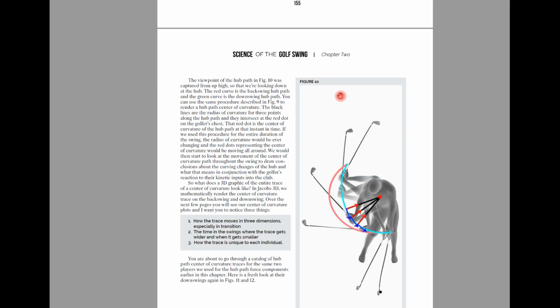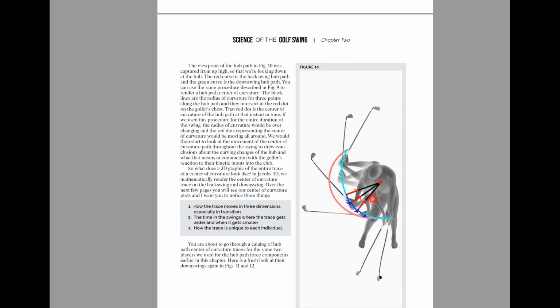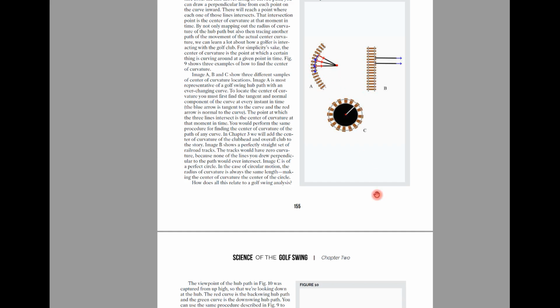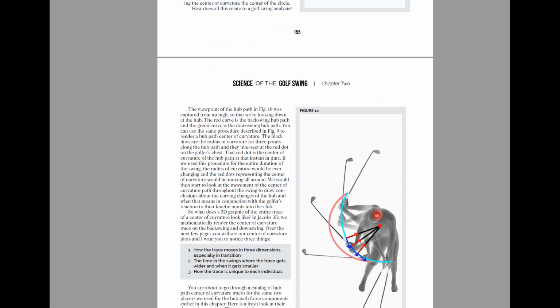In the full textbook, Science of the Swing, we spent a whole entire chapter, chapter 2, on the hub path, both what it is, how forces transform to this hub path in the different forms, and also how to map out your hub path as well, as we give you different ways that centers of curvature are drawn.